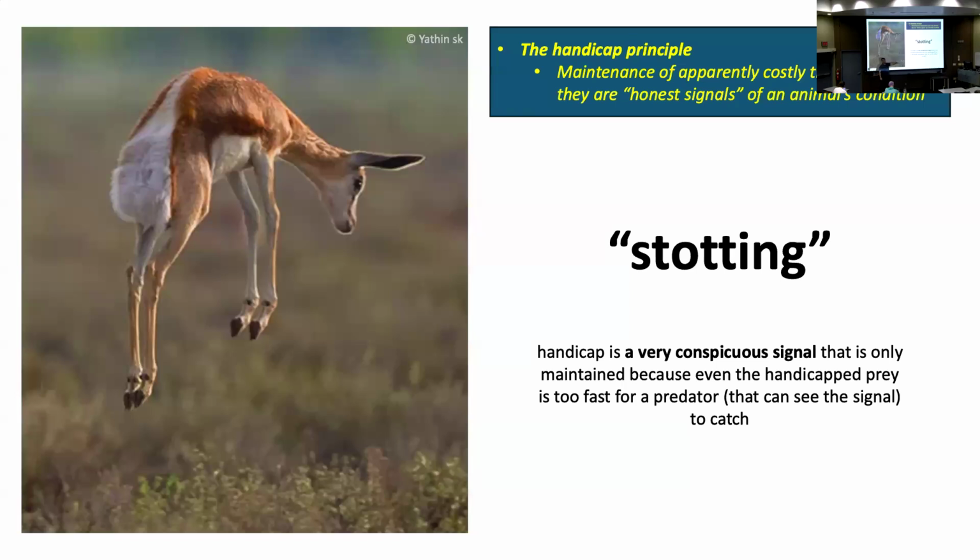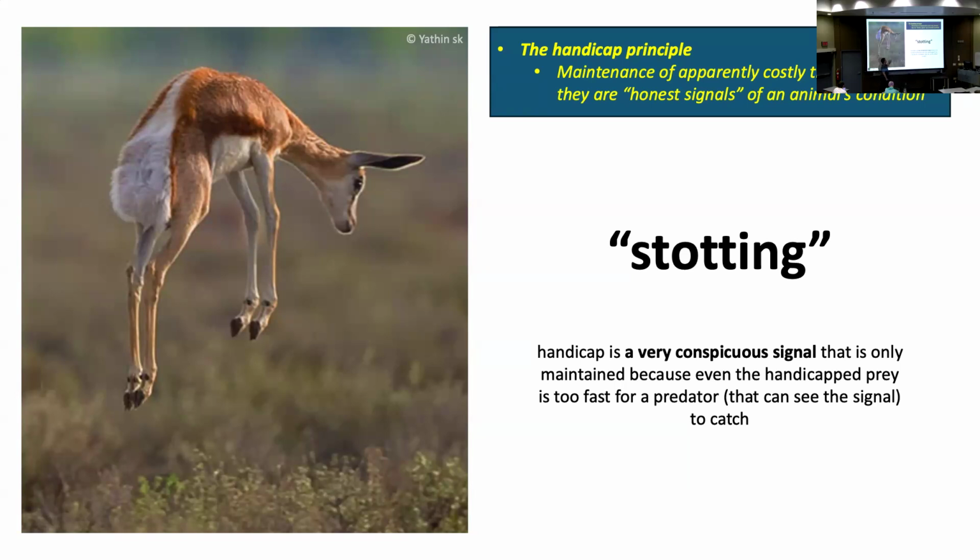And it still manages to get away. But what's interesting is that it is a very conspicuous signal, and we'll learn about what signals are versus cues later on in the semester, but it's a very conspicuous signal to predators that it is so healthy, so fast that it can do this little skipping and hopping around and still manage to survive.